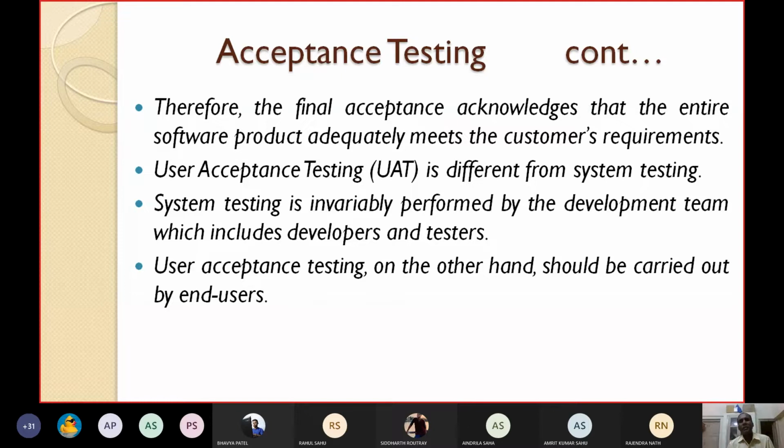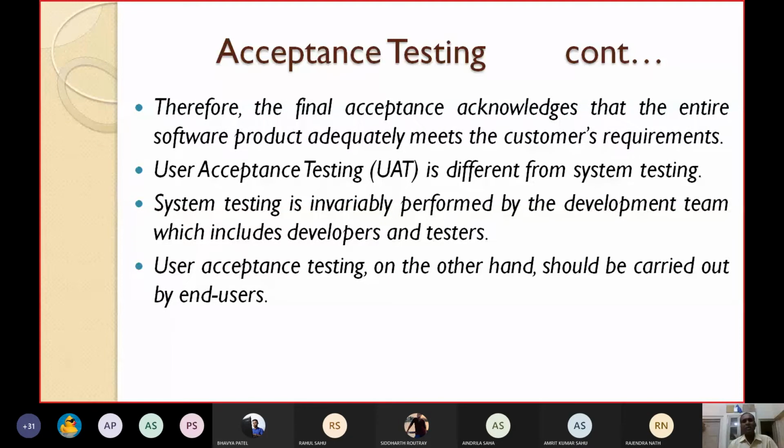Normally you might have seen in industry, people are using another term called UAT, user acceptance testing. This user acceptance testing is a little bit different from system testing. What happens in system testing? System testing is invariably performed by the development team, which includes some of the developers and some of the testers.